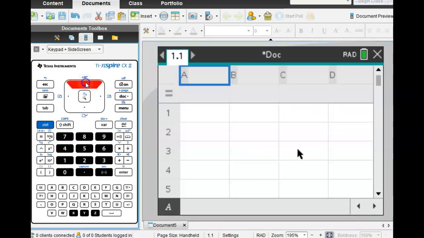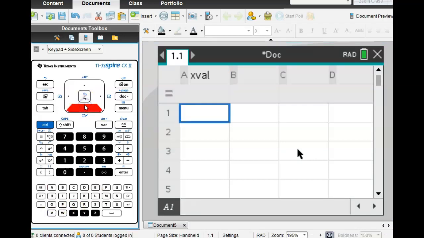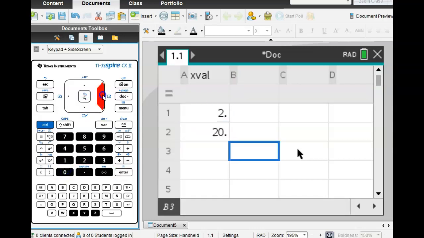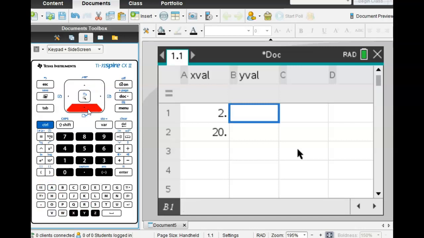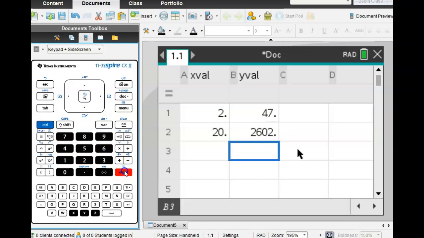I'm going to arrow up twice, type in xval. What are my x values? 2 and 20. Yes. And I only have 2 of them, but that's okay. And over here I have y value. And those are 47 and 2602.